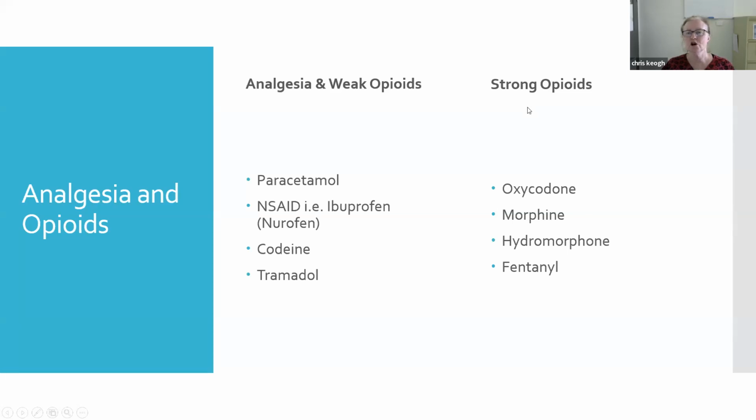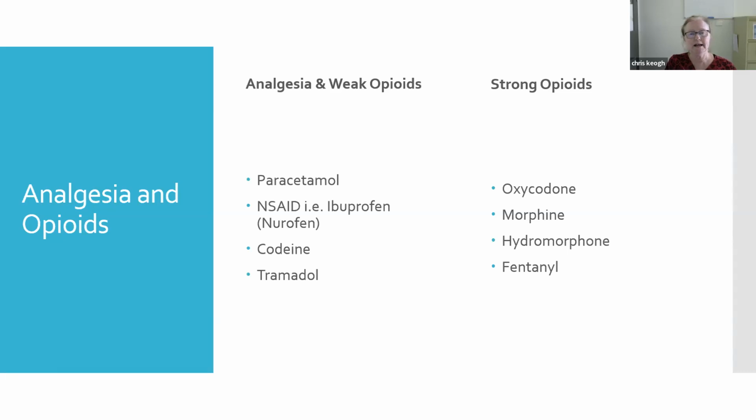And then the strong opioids that we mainly use in palliative care are oxycodone, morphine, hydromorphone, and fentanyl. So we often say our mainstay of treatment in palliative care is analgesic. And really the choice of analgesia is dependent on the type and the severity of the pain.